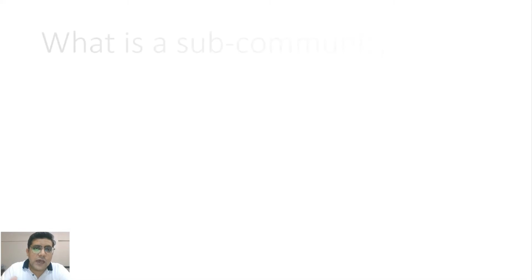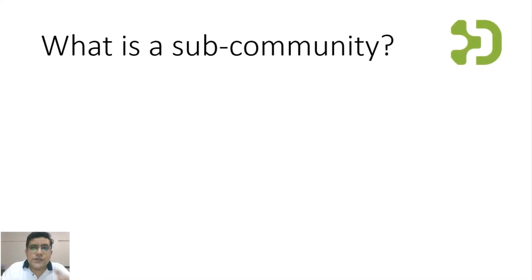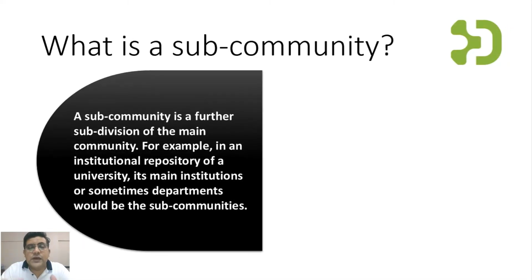And then we have sub-community. Of course, a sub-community is a further subdivision of the main community. For example, in an institutional repository of a research university, its main institution of the university, or sometimes the departments, would be the sub-community.